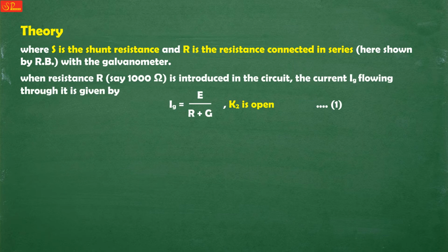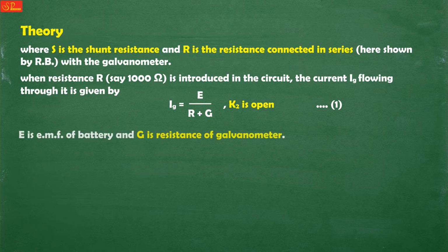When resistance R, say 1000 ohm, is introduced in the circuit, the current Ig flowing through it is given by Ig is equal to E by R plus G, equation 1, when K2 is open. E is the EMF of the battery and G is the resistance of the galvanometer.